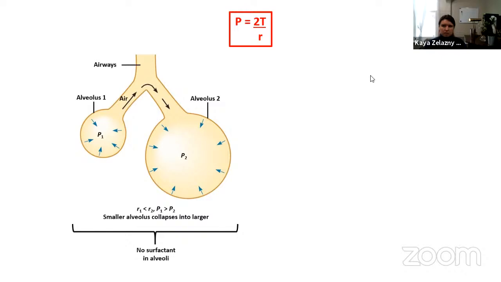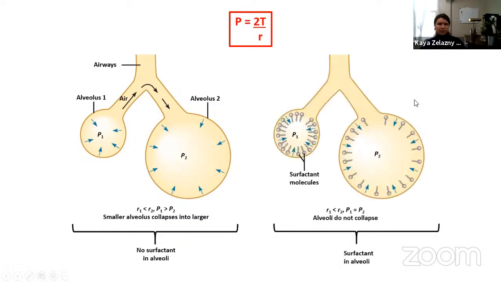Going to go to our next drawing. Okay. So we can change the amount of surfactant in our different alveoli in order to make sure that this equation basically balances. That's what I wanted to say.